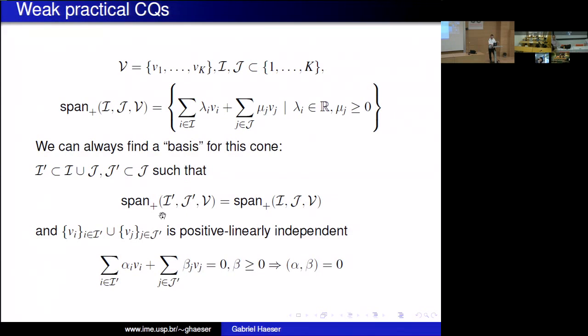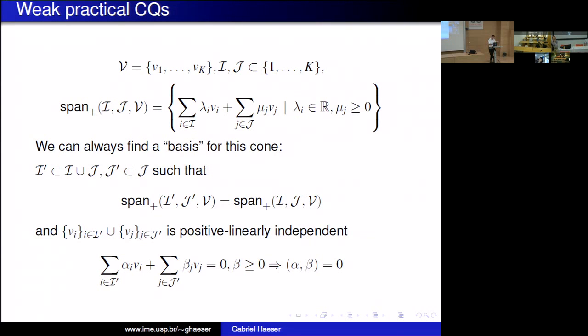Here it generates the cone, and in order to be a basis, it should be positively linearly independent. So we should be able to find a subset I prime and a subset J prime, such that if you take a positive linear combination with non-negative scalars associated to the second sum, you should only get the trivial solution to this equation. Okay, so you can always find this.